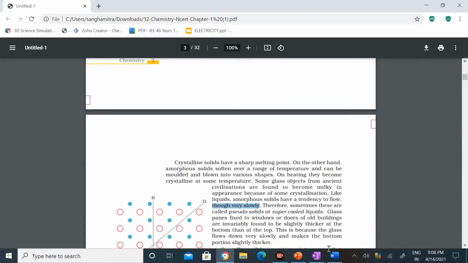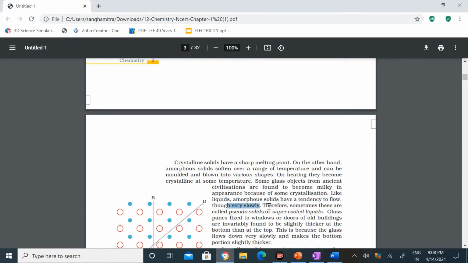Why? Because it is made of glass, and as we learned in the previous lecture, glass is an amorphous solid. Amorphous solids have a tendency to flow, but very slowly.